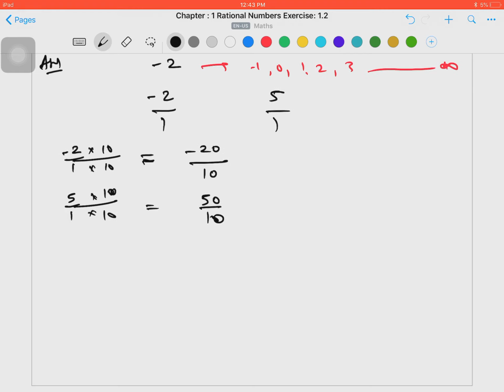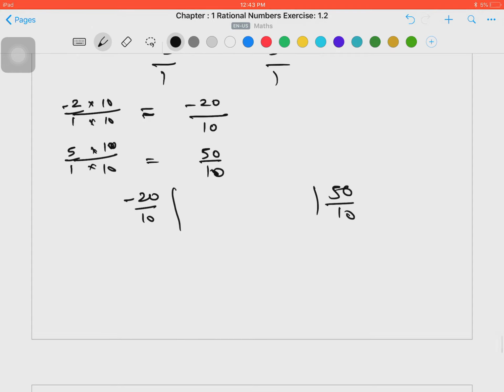Okay, so you can easily write the number between -20 by 10 and 50 by 10. Those number can be -19 by 10, -18 by 10, -17 by 10 and so on up to 47 by 10, 48 by 10 and 49 by 10.